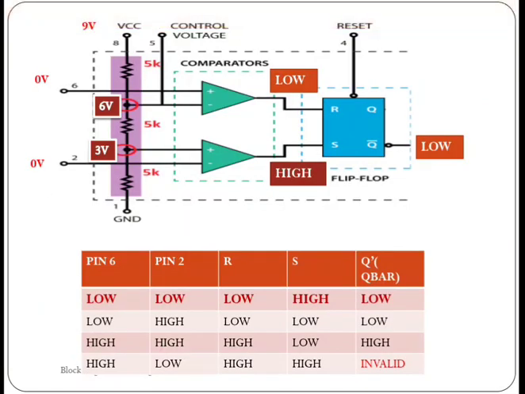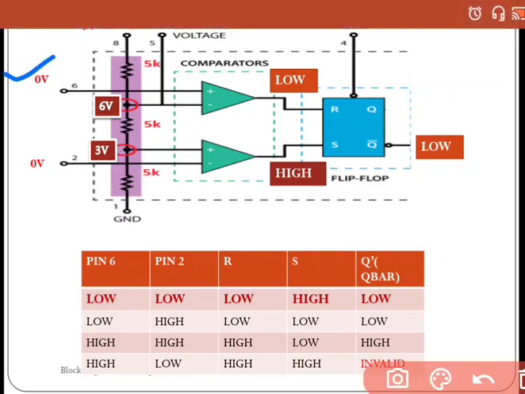Now consider our case. If we are putting a 0 voltage at the trigger pin, and at VCC the voltage is 9 volt, what will be the voltage at this node? That is 6 volt. At this node it will be 3 volt.